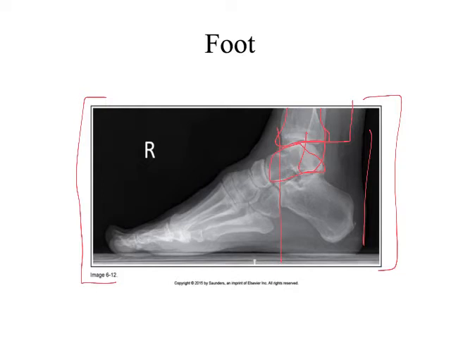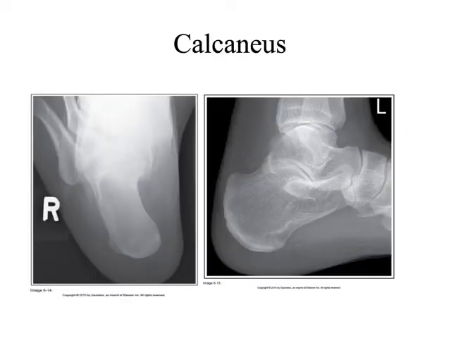Okay? So let's talk a little bit about the calcaneus. We can do this axial projection, so plantodorsal projection, right, and then a lateral projection of it. We want to be able to see that talar calcaneal joint. It's a little tricky to see here, but I'll try to outline it. It needs to be demonstrated without distortion. So that's going to be one of our big measures here, right?